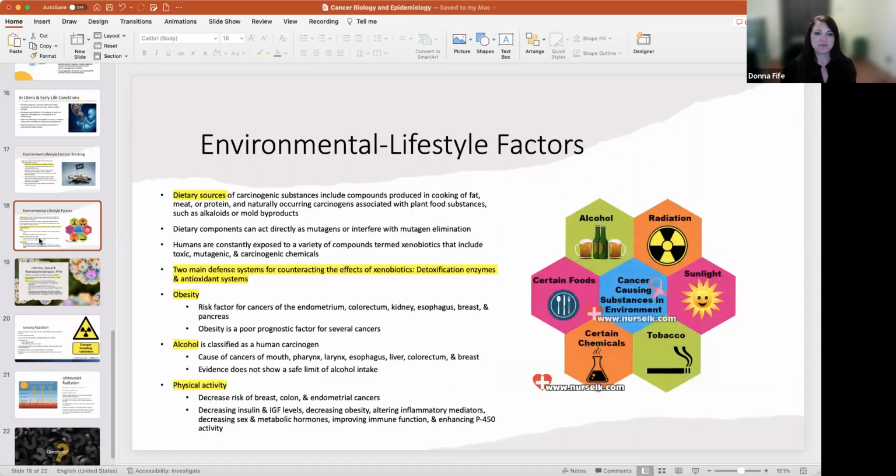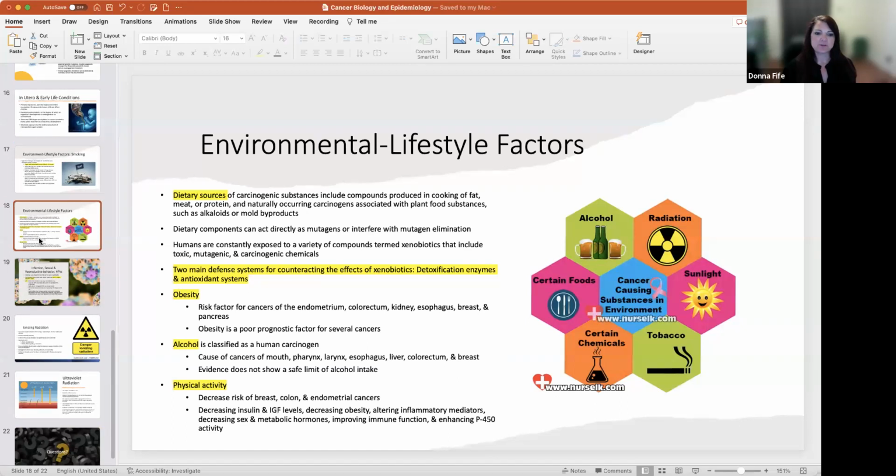Environmental lifestyle factors, we have other factors such as dietary sources. Dietary sources of carcinogenic substances include compounds produced in cooking of fat, meat, or protein, and naturally occurring carcinogens associated with plant food substances, such as alkaloids or mold byproducts.